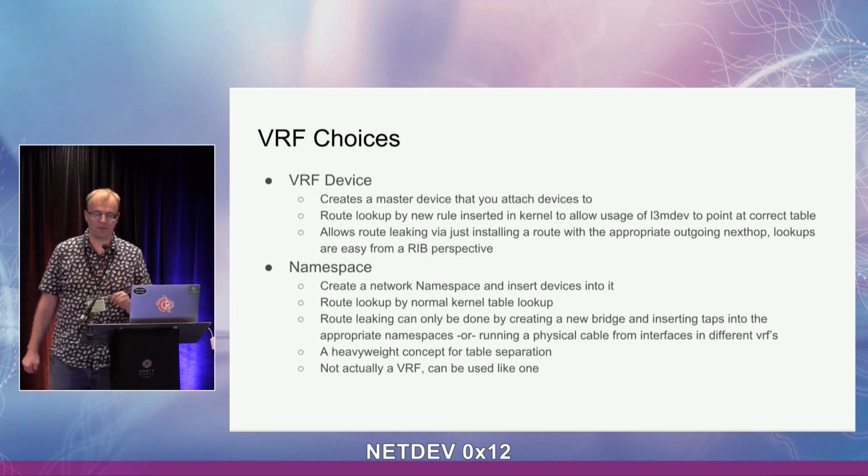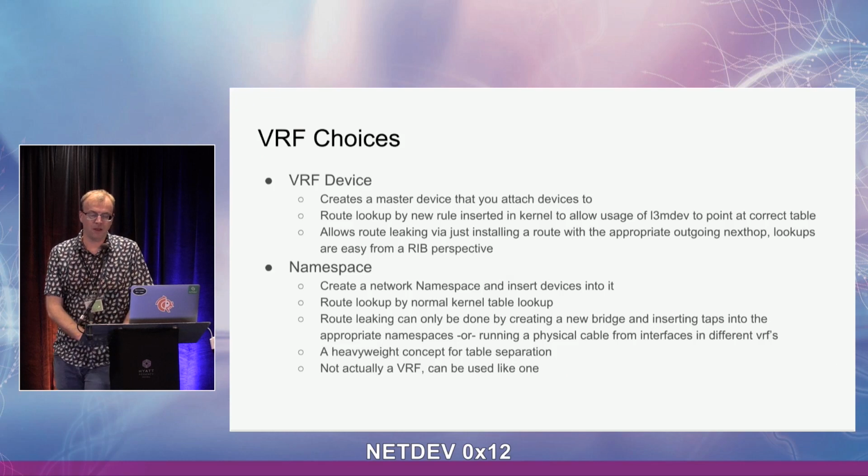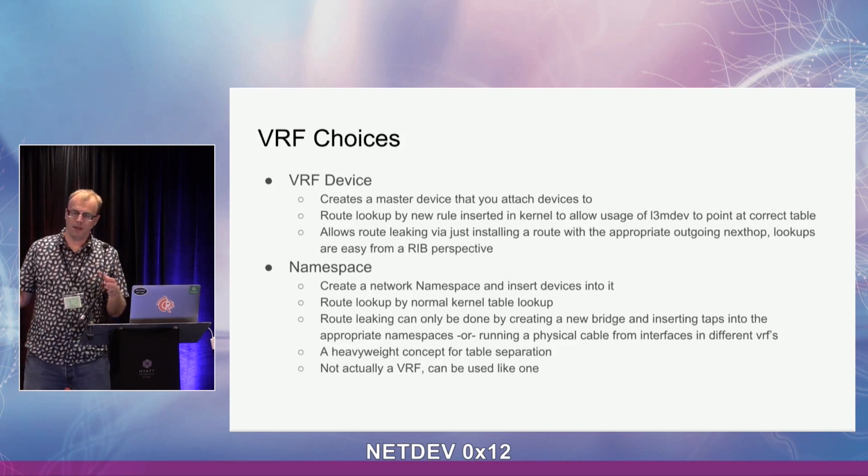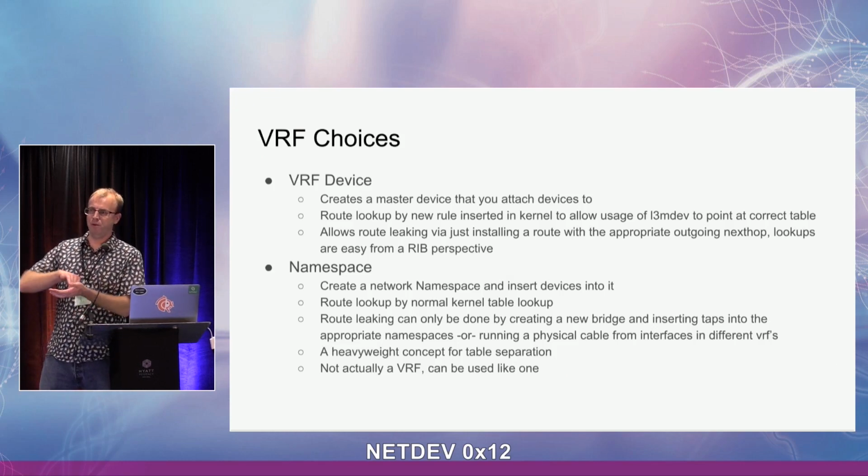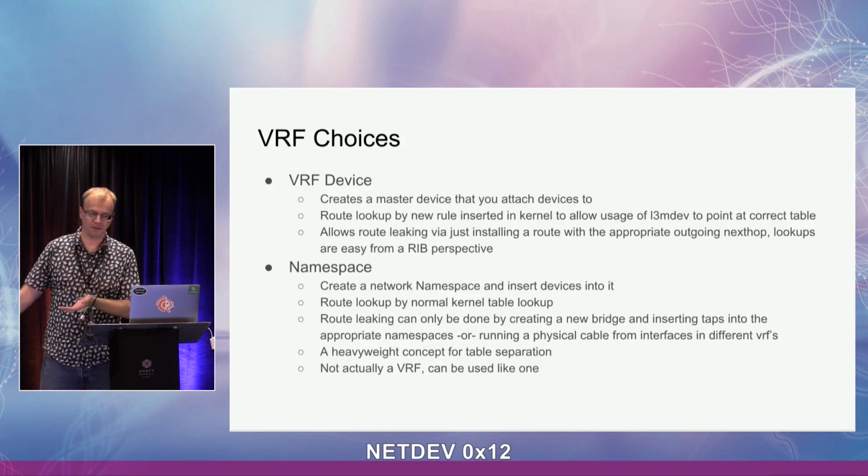All right. So what is a namespace? The way namespaces work is that you create the namespace, and then you move your interfaces into that namespace. Route lookup is fairly similar. You look up in the default table for each namespace.